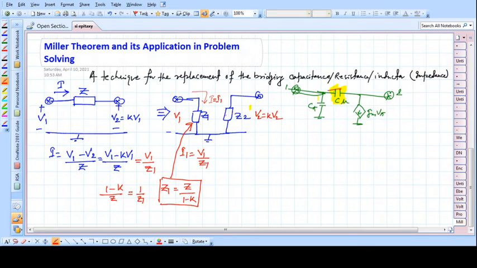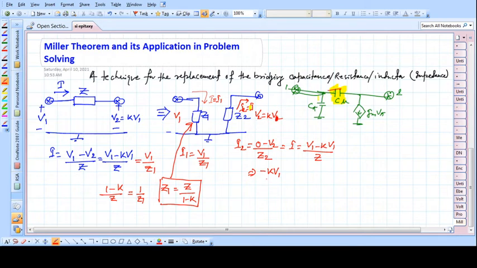This one, say I2, is I. So this I2 value will be 0 minus V2 by Z2, and this I2 is simply I. This can be equated with V1 minus K times V1 by Z, and here V2 is equal to K times V1 due to the amplified voltage.